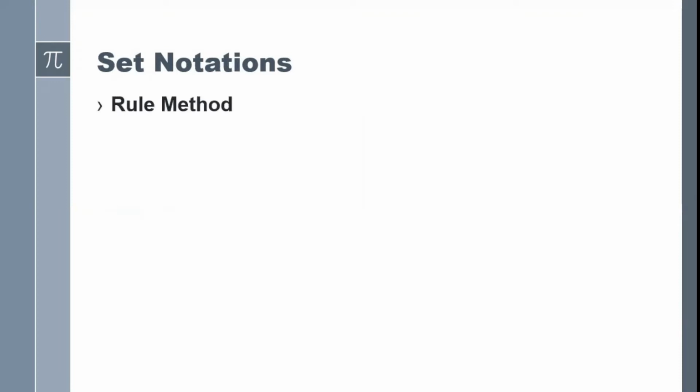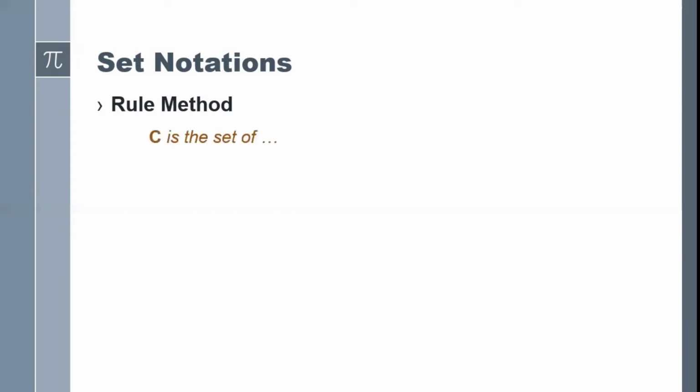So what are the different notations we use for set? Number one is the rule method. We can write a set using the rule method. In the rule method, a set is described using properties satisfied by all its elements and not by any other element.